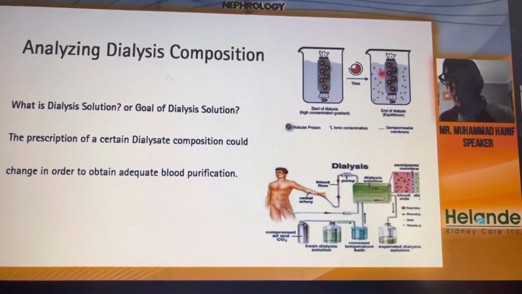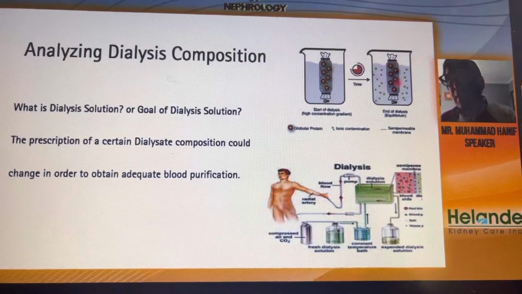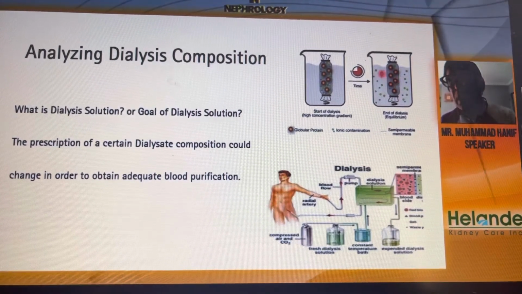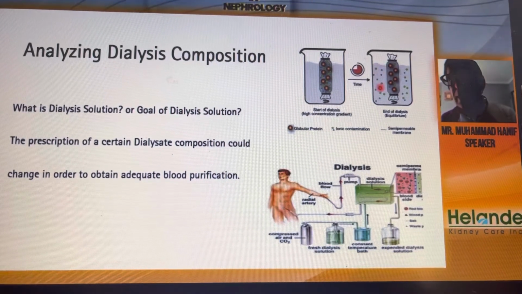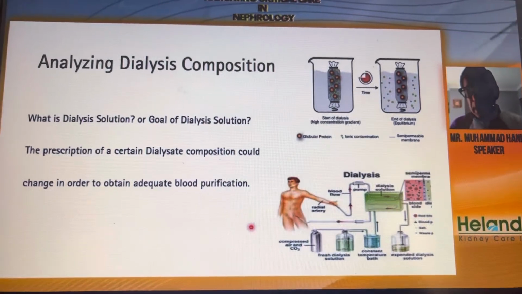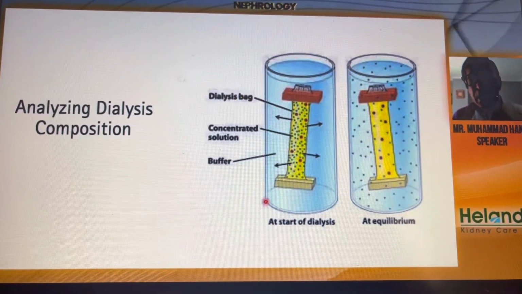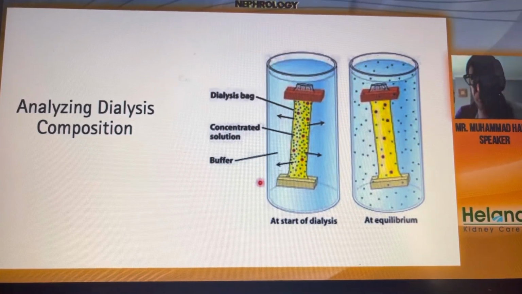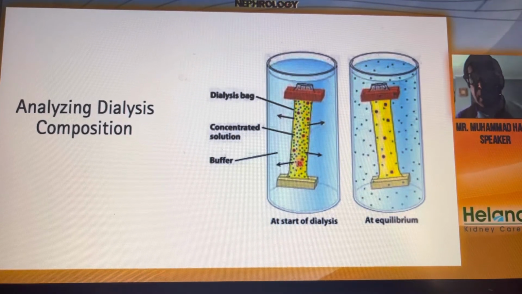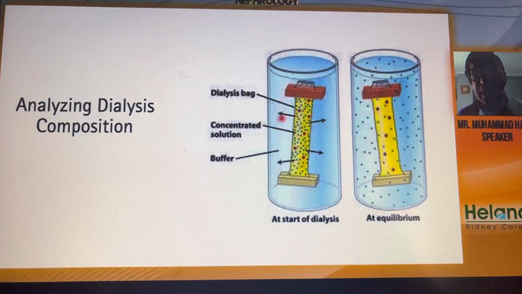Here you can see this part is the fluid side, and this part is the blood side. The blood which contains some toxins and electrolytes will be balanced, and that's why we call it equilibrium. I would like to share with you another animation. Here you can see, very simple: this is your dialyzer, containing toxins, and this is your fluid side.